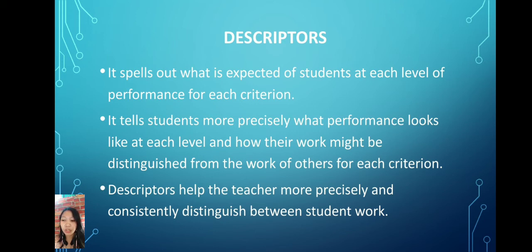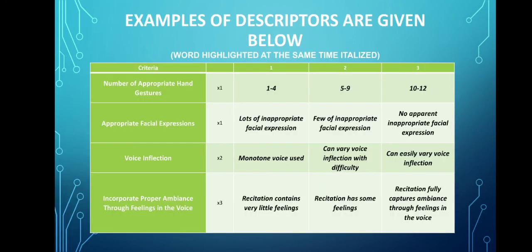Descriptors help the teachers more precisely and consistently distinguish between student work. Descriptors give an overlook on how they are going to do a task or portray a task. The examples of descriptors are given below. Those words that are highlighted and at the same time italicized are the descriptors.